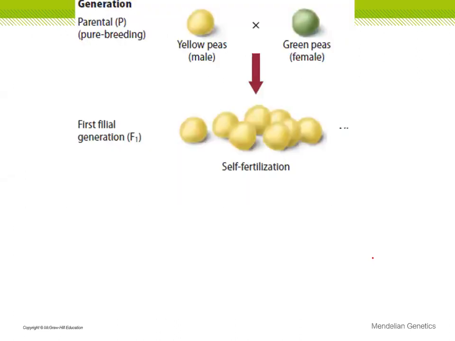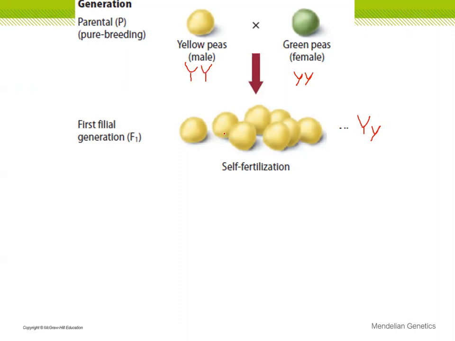Going back to this, we've already established that this is the dominant and this is the recessive. If I breed these two, every single one of these is yellow, because every single one of these is heterozygous. They have one dominant for the allele color and one recessive for the allele color.